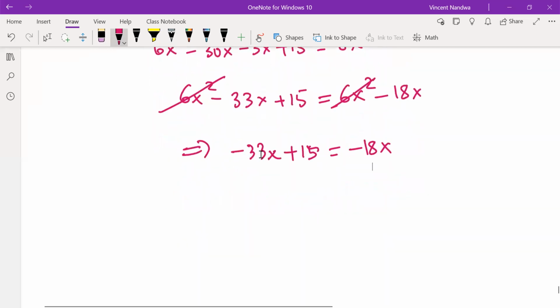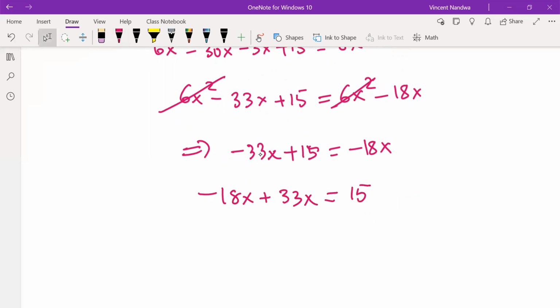Collecting like terms, we'll have minus 18x plus 33x equals 15, which means minus 18 plus 33 is 15x equals 15. So which means x equals 1.